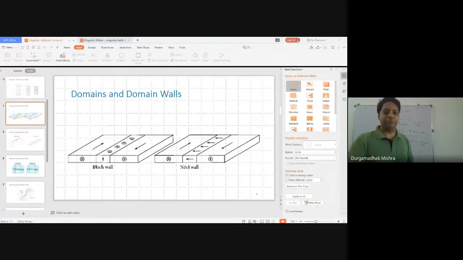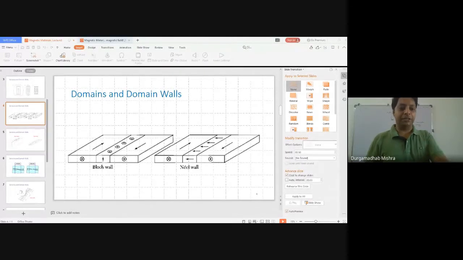This is another representation if you want to look from the top. These views are from the side, the cross section. Now you are looking from the top. Again, for the Bloch wall the magnetization is pointing up, and the magnetization in the wall is basically rotating in the plane.